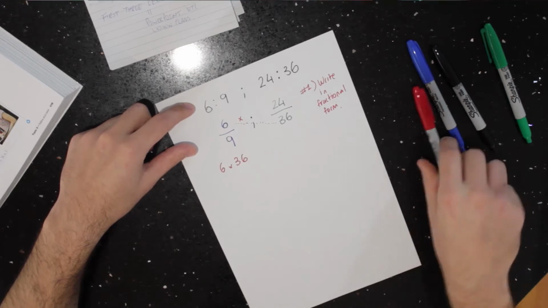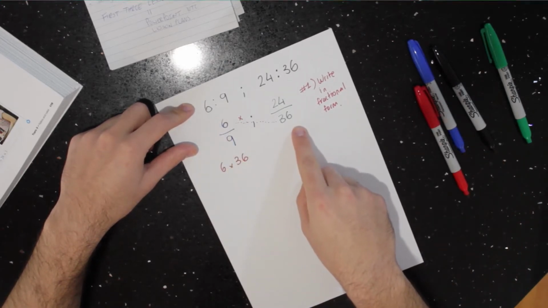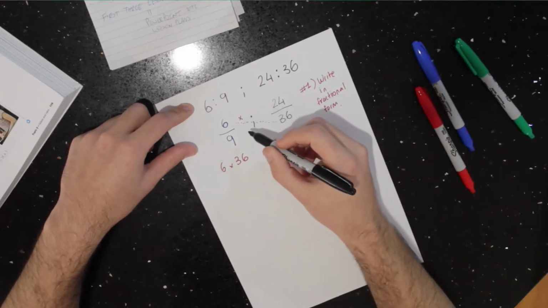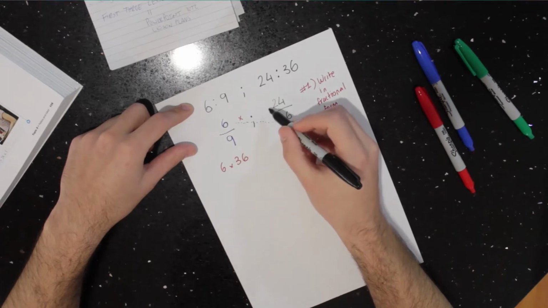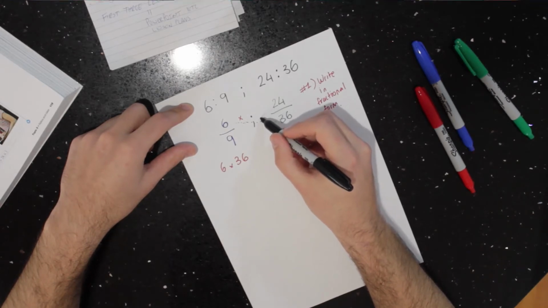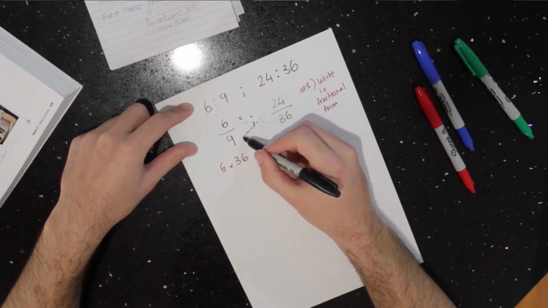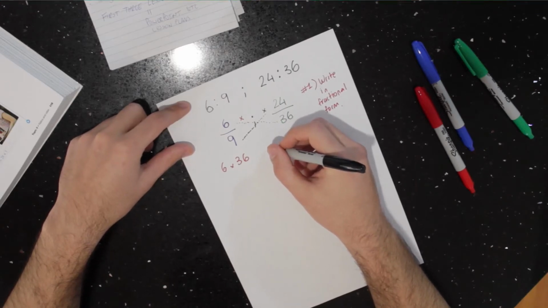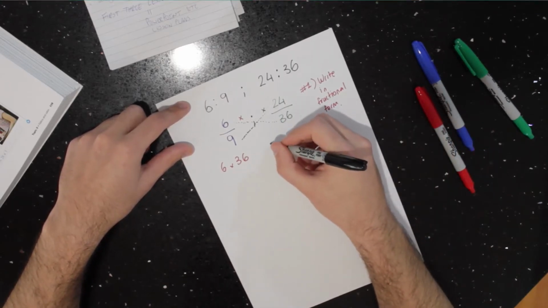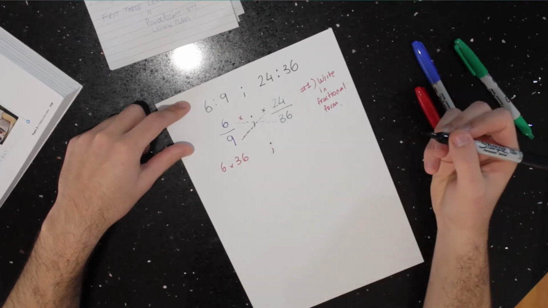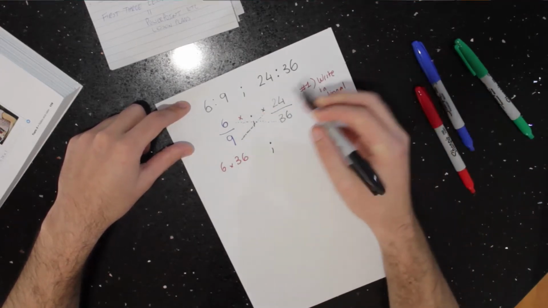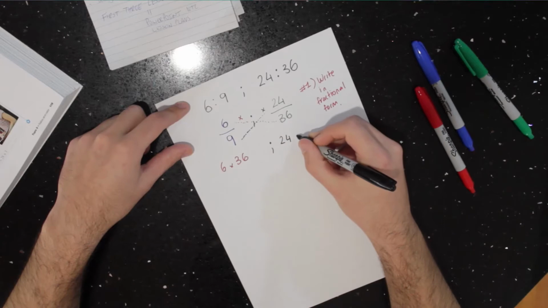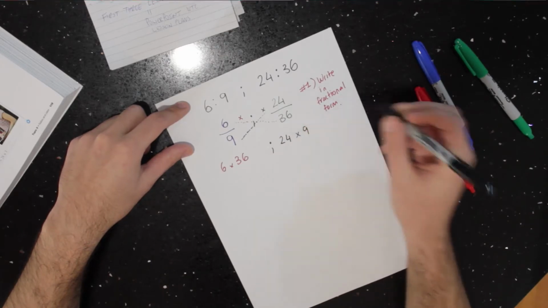Now I'm going to draw up this way, going across, so I have 24. Remember we were checking if they were equivalent, so I'm going to keep my semicolon there. On this side we end up with 24 multiplied by 9.